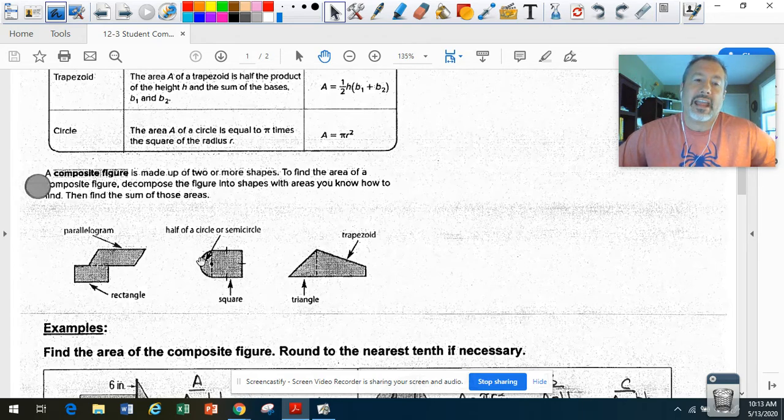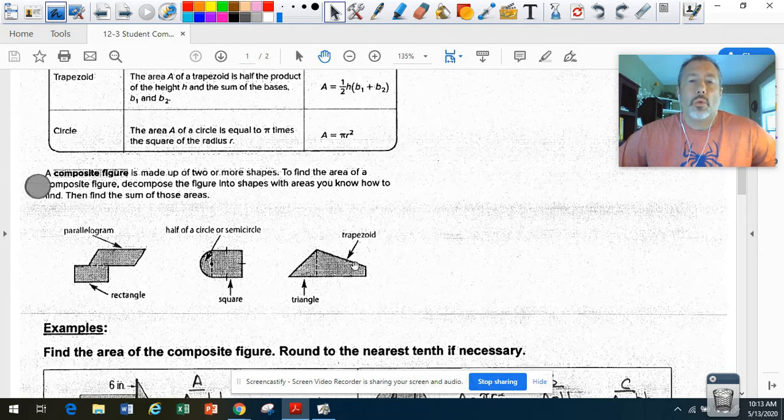So we find the area of this semicircle, which is going to be area equals pi r squared divided by 2. And then we're also going to find the area of this square. In this case, the square area can be side squared or still base times height. And then add those two numbers together to give us our total area here.